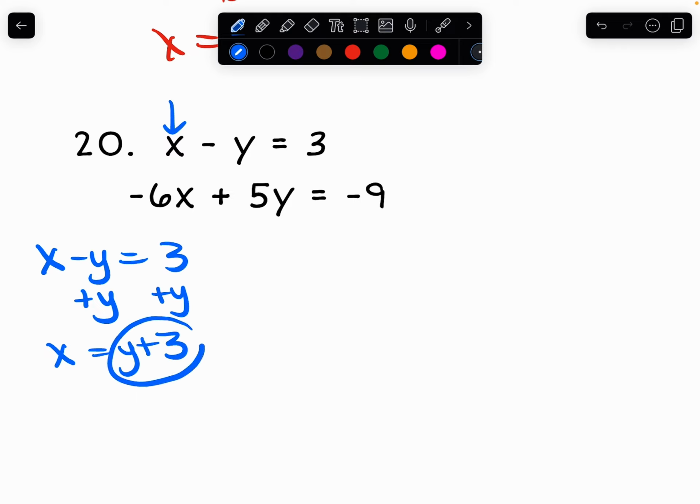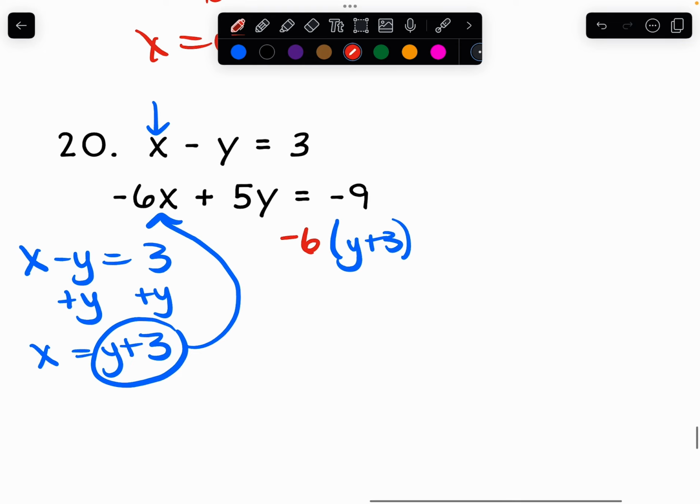I'm going to take this right here, and I'm going to plug it in for that x that's right there. So I'm going to do negative 6. I'm going to replace the x with y plus 3. And I'm going to keep the rest of the equation exactly the same. Now, I'm going to multiply the negative 6 through.